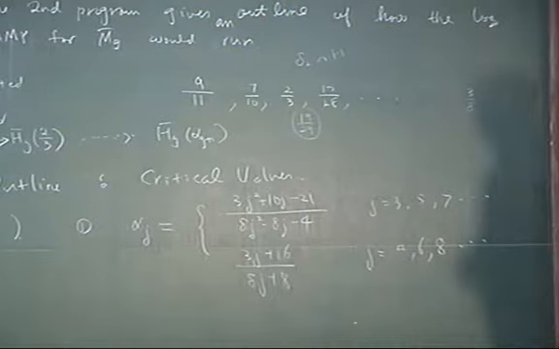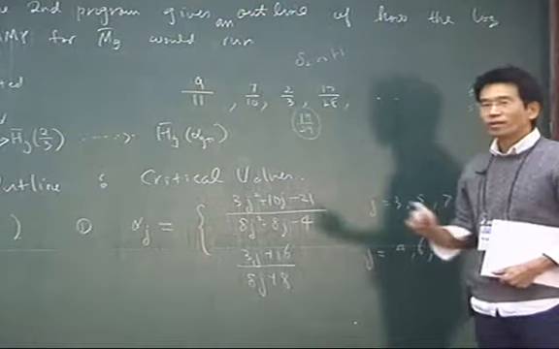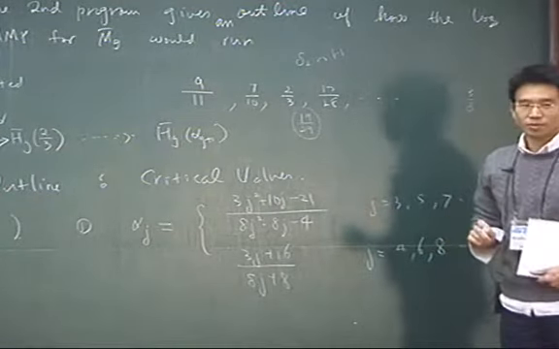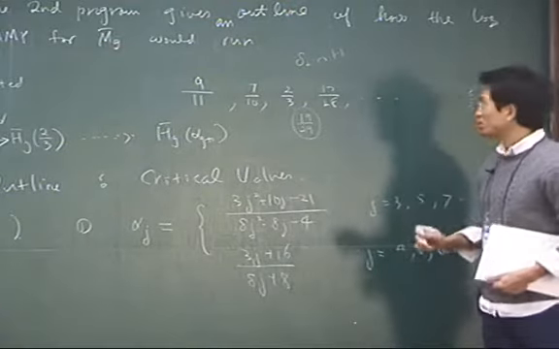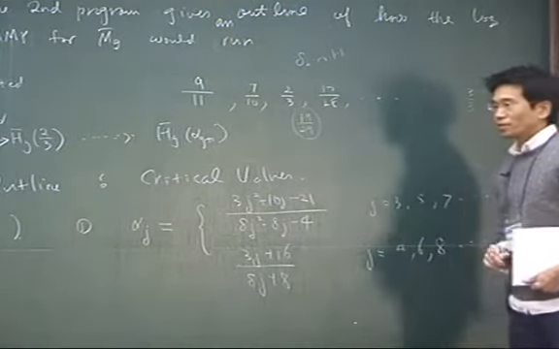And you can easily check just by punching in the numbers that if you plug in 3, then a quick computation yields 9/11. You plug in 4, then you get 7/10. Plug in 5, then it's 2/3.